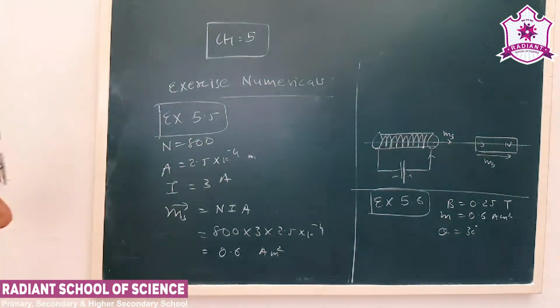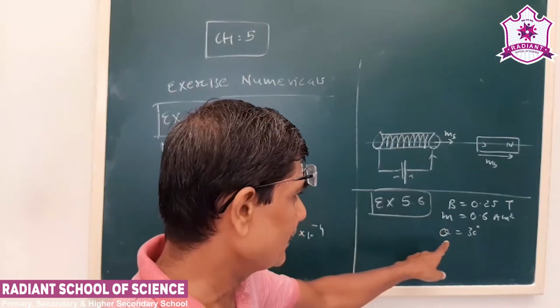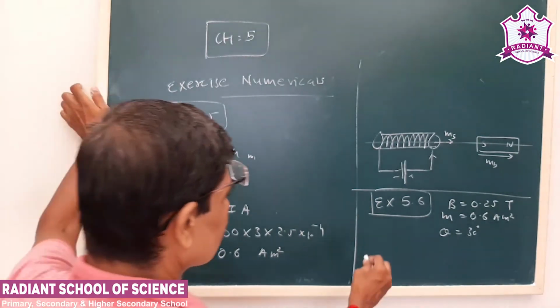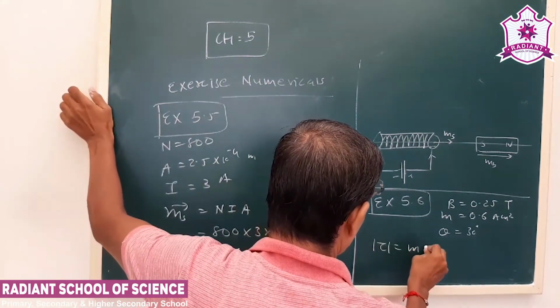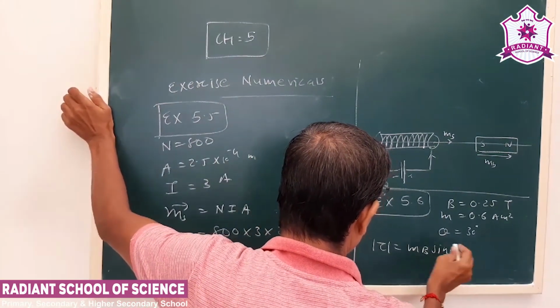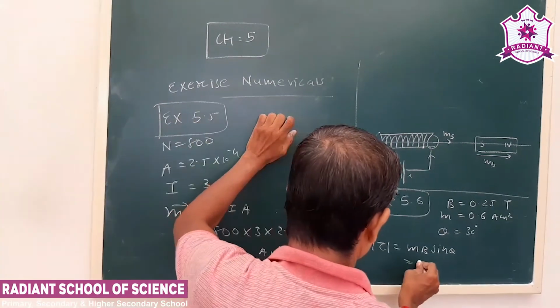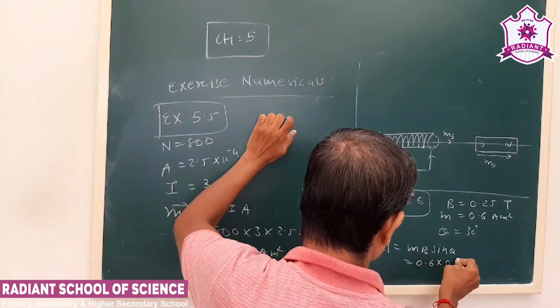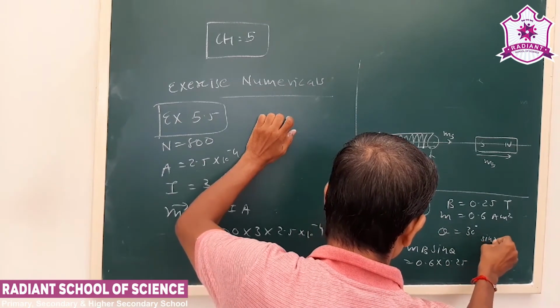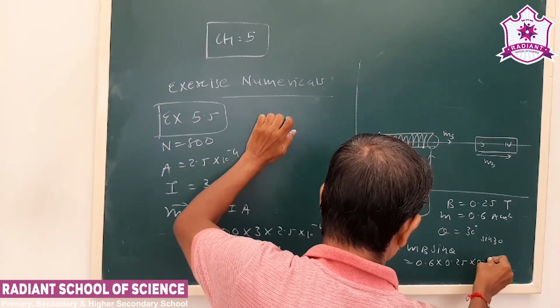So here what we have obtained is a magnetic dipole moment. Magnetic field is given, theta is given. So the magnitude of the torque is m b sin theta. m is 0.6, b is 0.25, sin 30 is 0.5.